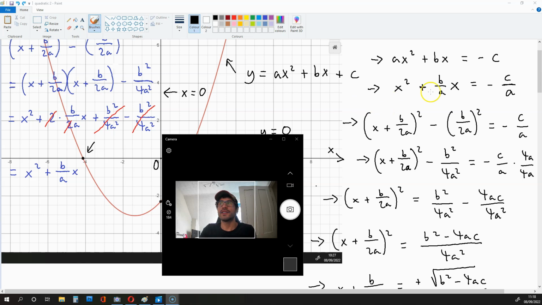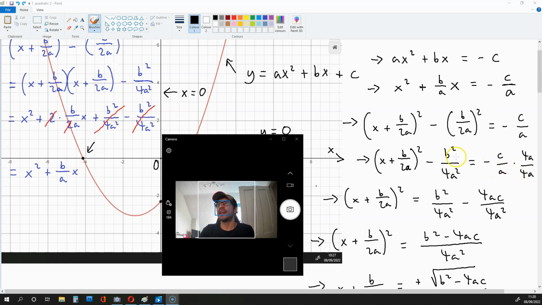So moving on, we're at this interesting stage, and we transform this into x plus b over 2a, squared, minus b over 2a, squared, and that's going to be equal to minus c over a. If we expand further, we get x plus b over 2a, squared, minus b squared over 4a squared, and we multiply minus c over a by 1, which is the same as 4a over 4a.